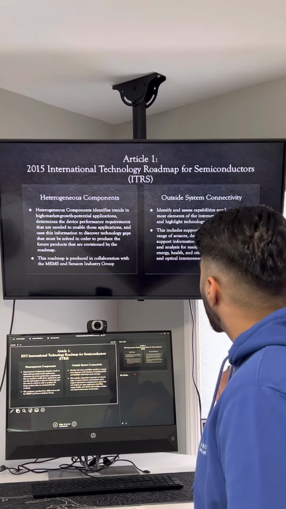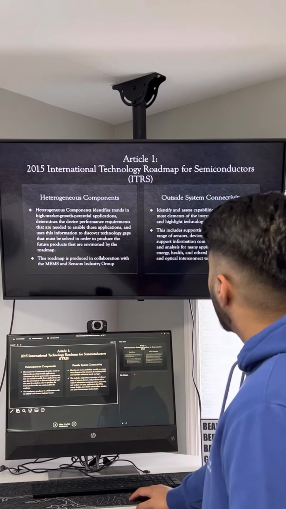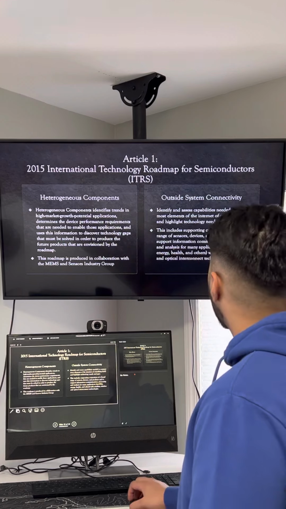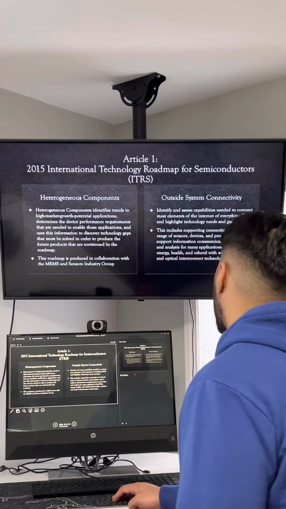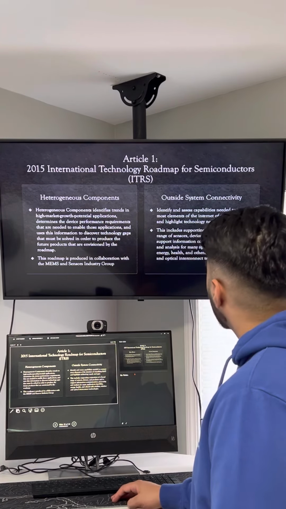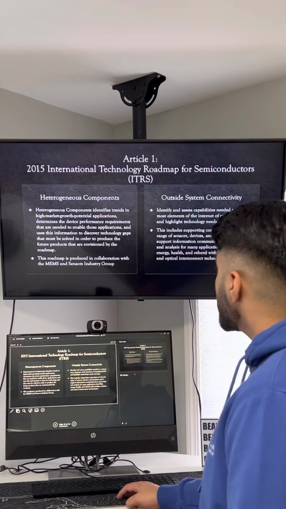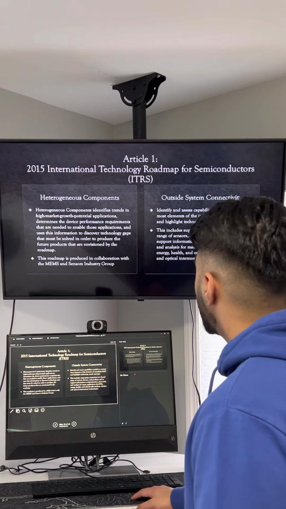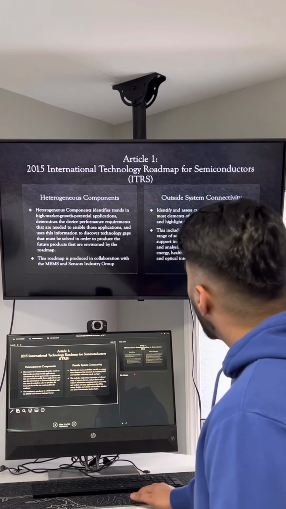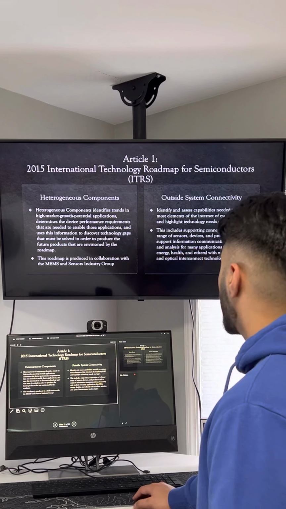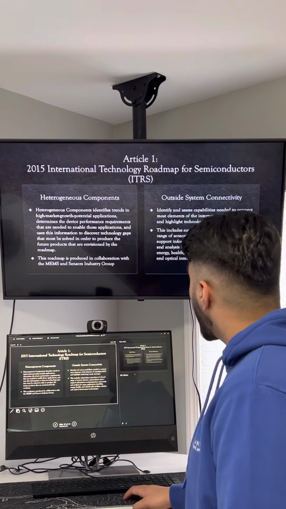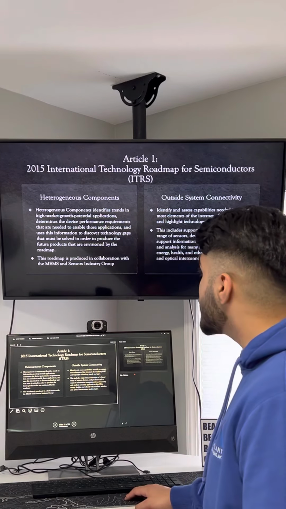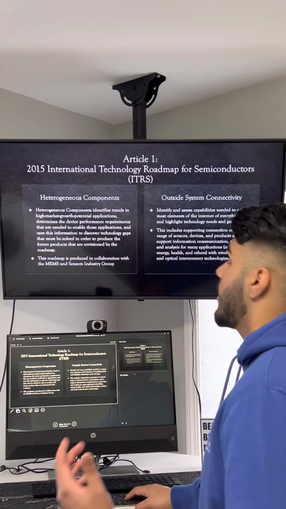So outside system connectivity identifies and assesses capability needed to connect most elements of the Internet of Everything, IoE devices or drivers, and highlights technology needs and gaps. This includes supporting connections of a broad range of sensors, devices, and products, and supporting information communication, processing, and analysis for many applications, such as mobility, energy, health, and others.